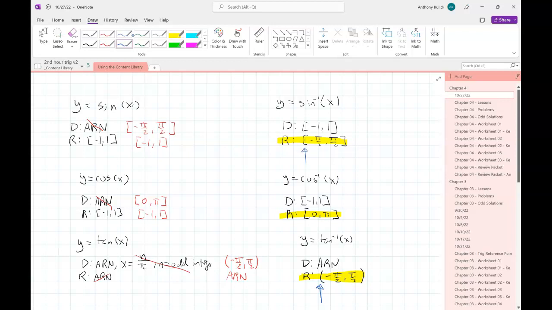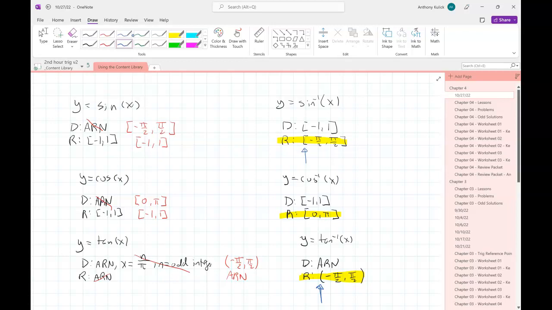Great, so the bracket means that value is included, meaning negative pi over 2 is a value that can come out of sine inverse. The parenthesis means it's not included, meaning that negative pi over 2 cannot come out of tangent inverse.